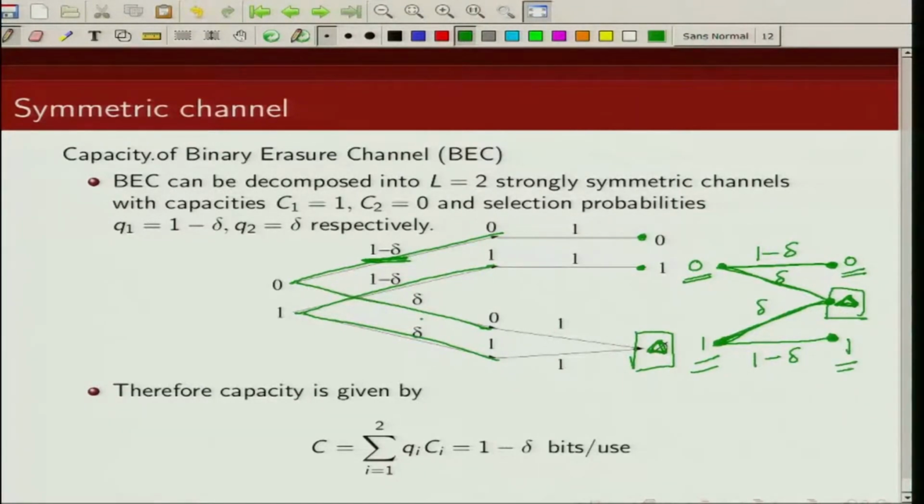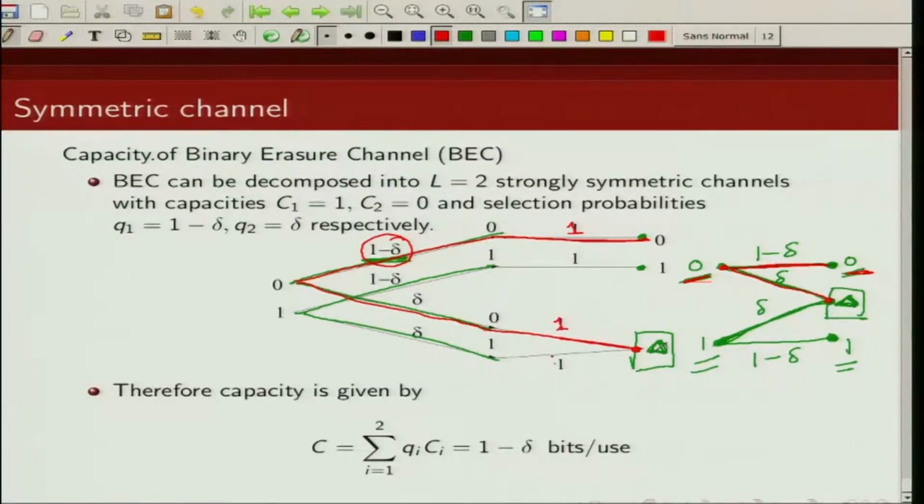Now what I need to do is look at the probability from input to the output. In this case, this is 1 minus delta. I already know my selection probability is 1 minus delta. So then this probability should be 1. Similarly, from 0 to the erase state, this probability is delta, so this has to be 1, so that the overall probability is delta.